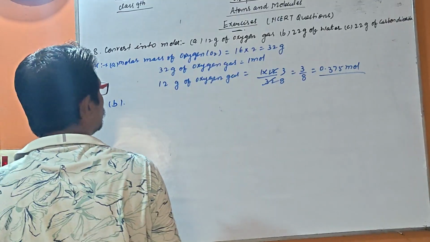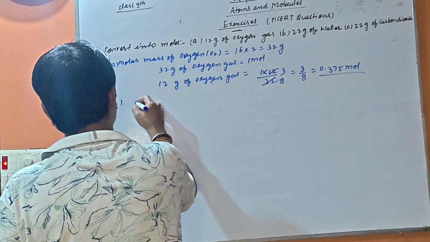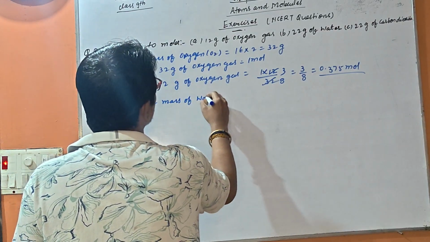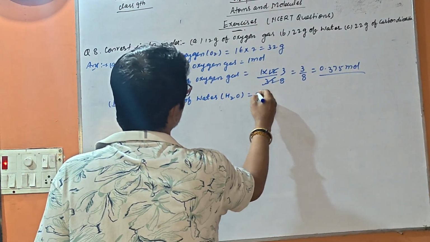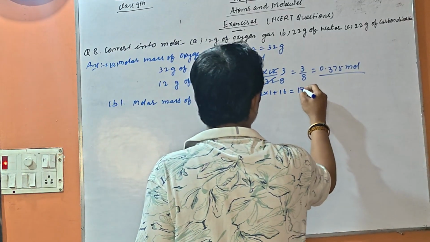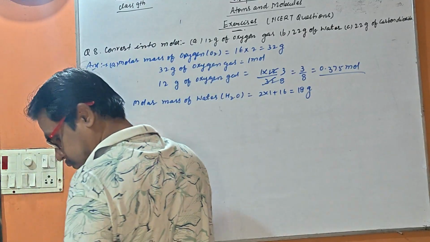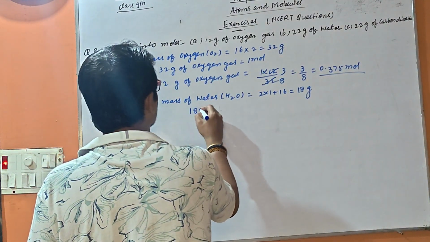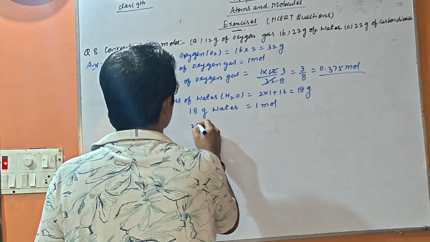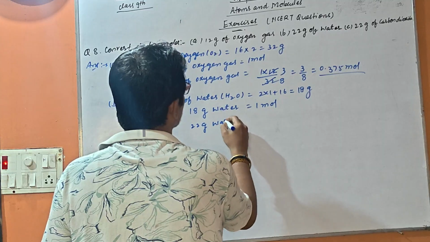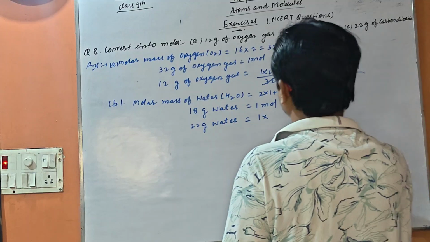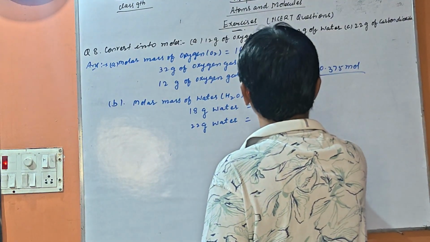Write down question B, 20 gram of water. So molar mass of water H2O is equal to 2 into 1 plus 16, which is 18 gram. 18 gram of water is equal to 1 mole, the same formula. So 20 gram of water is equal to 1 into 20 by 18.